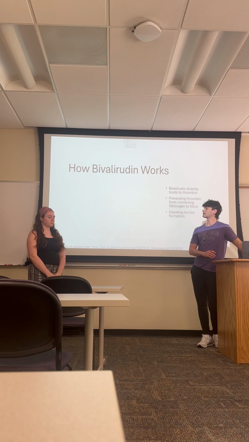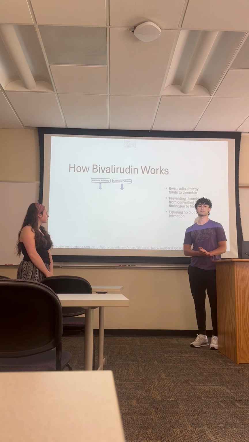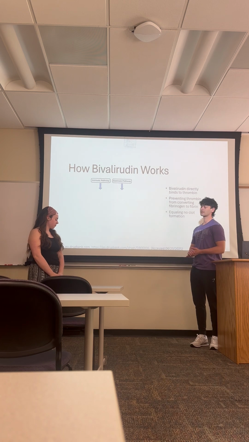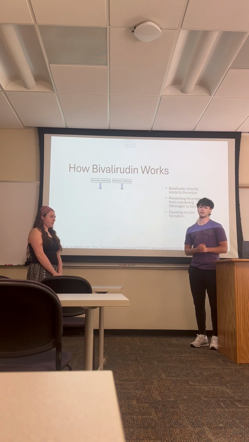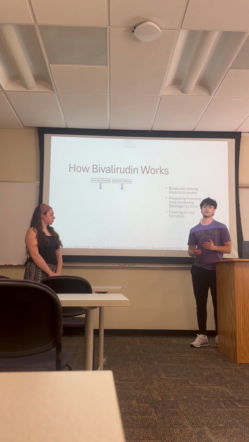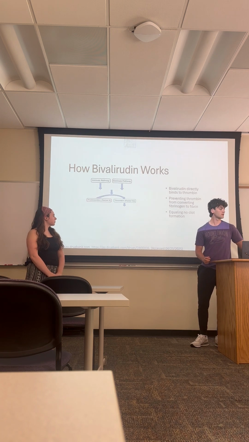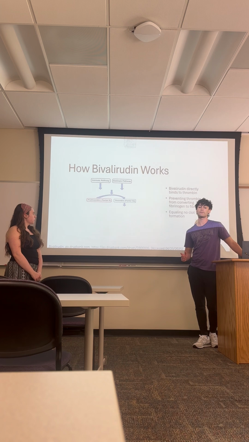So, how it works is we start off with the intrinsic and extrinsic pathways. Extrinsic would be an outside cut that could happen on your wrist or your hand, and intrinsic would be an inside cut that could happen during surgery or could cause excessive bleeding in there. And so both pathways lead to the formation of thrombin.